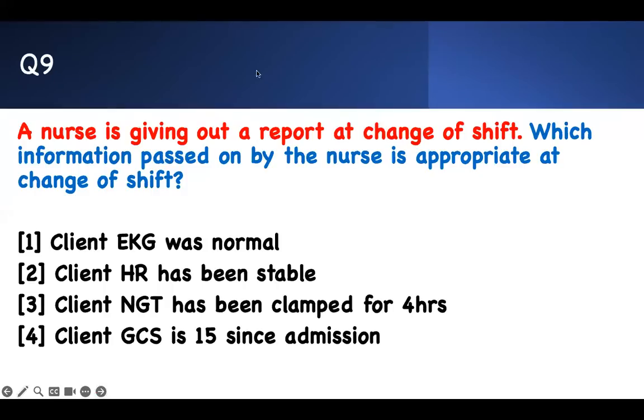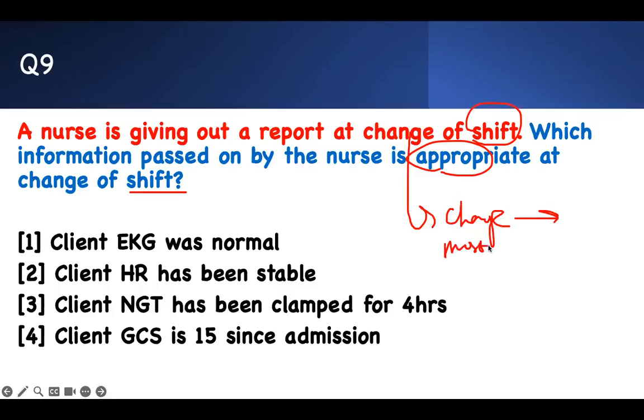Number 9. A nurse is giving a report at change of shift. Which information passed on by the nurse is appropriate at the change of shift? When you see this change of shift question, you see the word change. That's the key word, change. That means you're giving them the most important information about the patient.